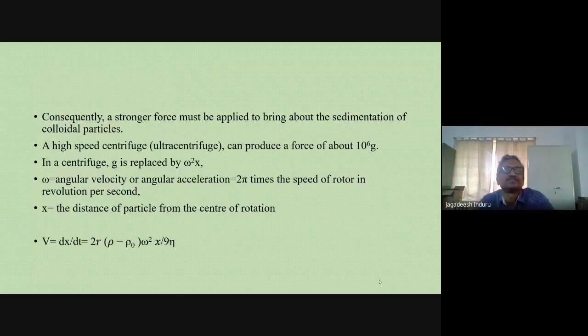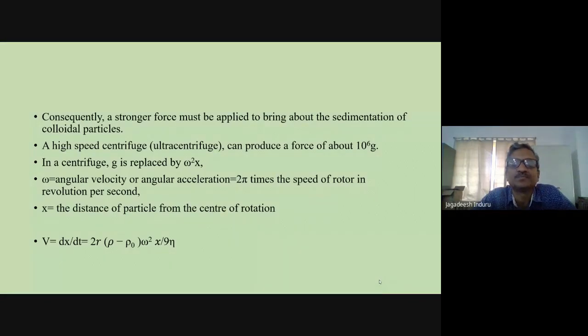But if you apply a stronger force, you can bring about sedimentation of the colloidal particles. A high speed centrifuge like an ultracentrifuge can produce a force of about 10 to the power of 6. In the centrifuge, g is replaced by omega squared x, the centrifugal force, because it is dominating.